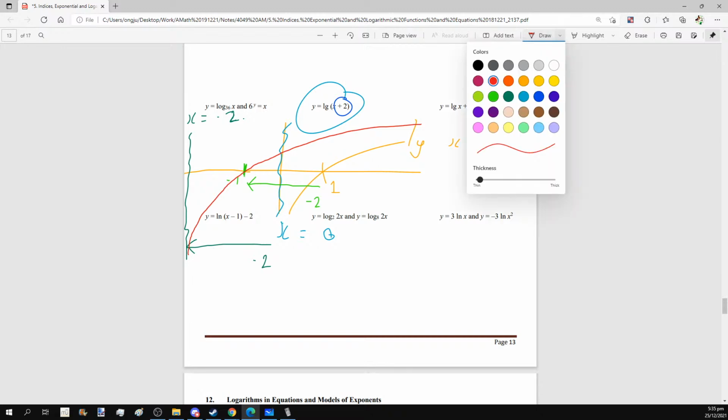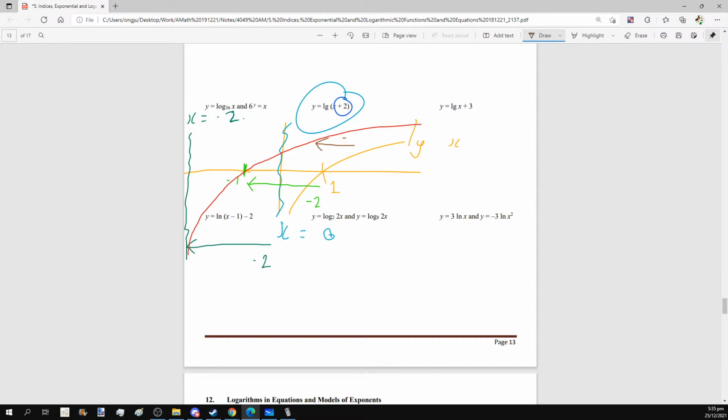So this compensation will go -2 in the x direction. X direction, because the +2 is attached to x. So we will do compensation in the x direction.